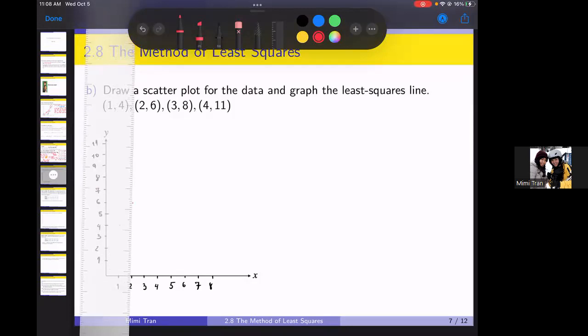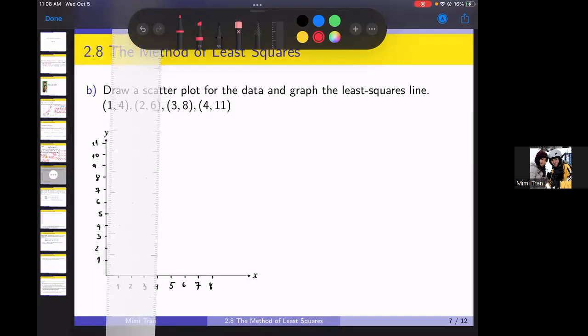And then 3, 8. Maybe you can use your credit card or student ID. And then 4, 11. Make it a little darker.